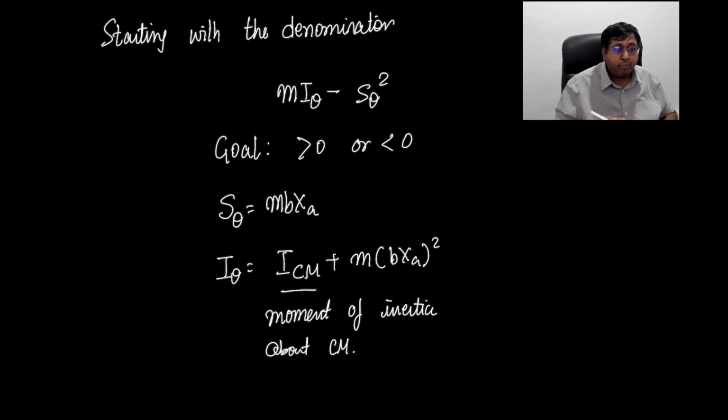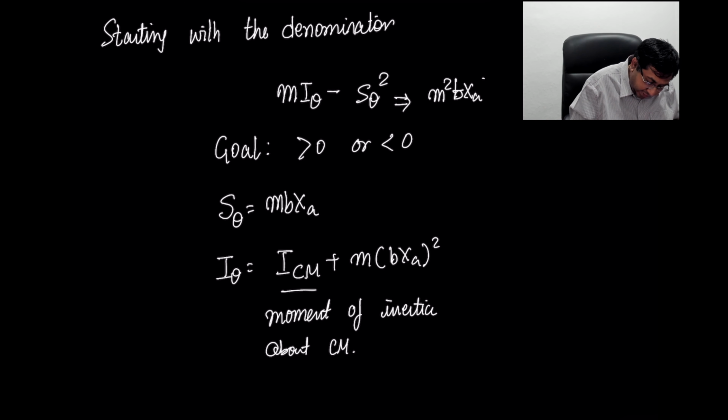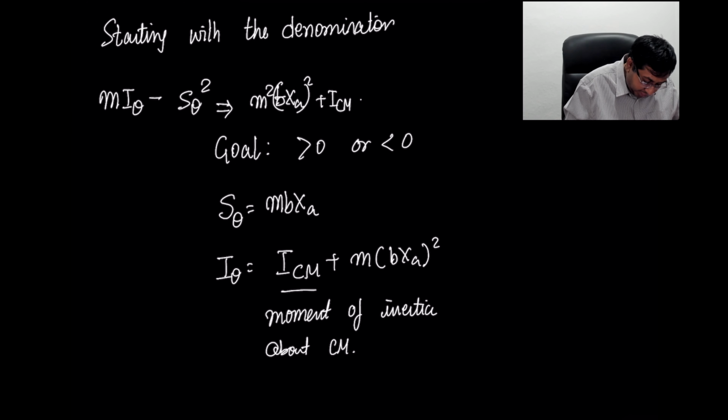Now if we put everything back together, we have m squared b xa whole square plus I cm into mass minus m squared b xa whole square.